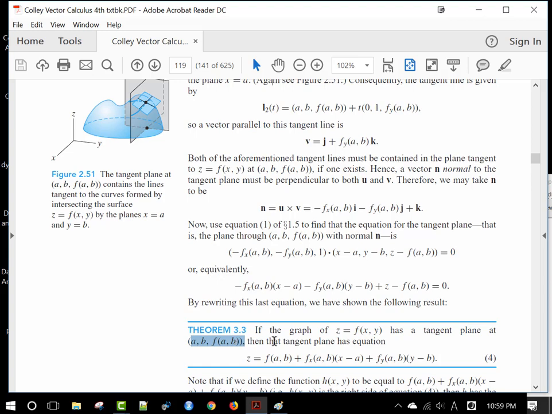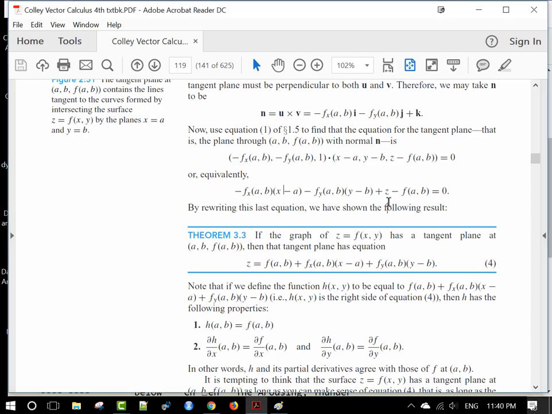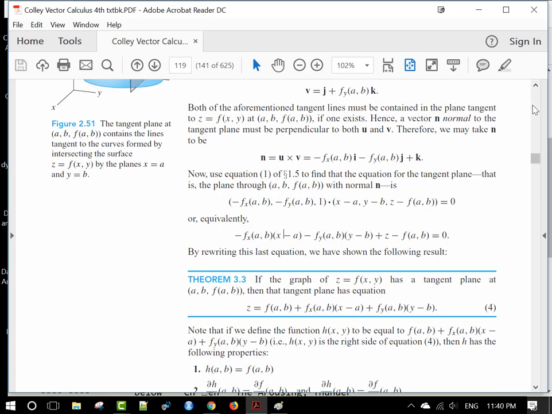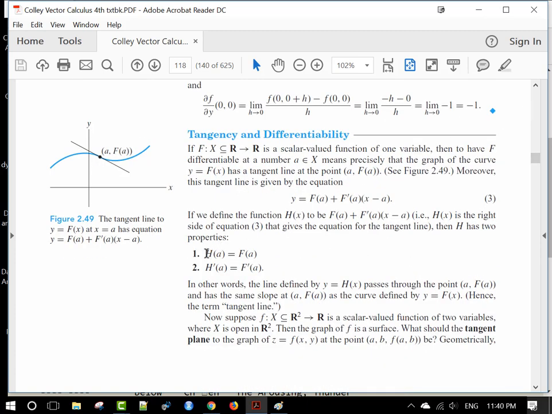This is like having gotten the tangent line in the single variable case. So let's go back to the single variable case. Remember, we did this just a little earlier, and we said that if we take our equation for the line and set it equal to h of x, then h of x has these two properties.